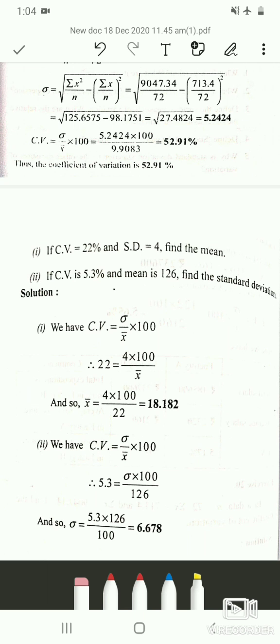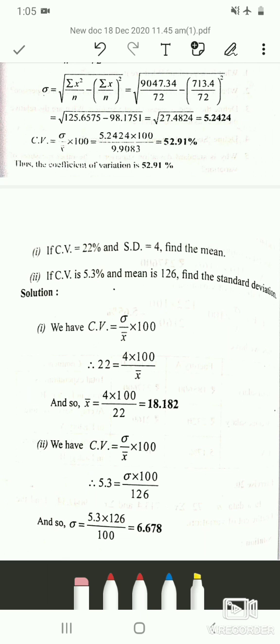Also don't get confused with all the formulas. Whichever formula you are comfortable with, you can use those formulas. I suggest you maintain a book in which you write only the formulas, so that it will be easy for you to read them and for your examinations also.